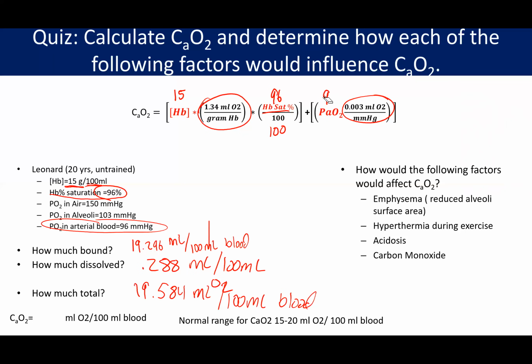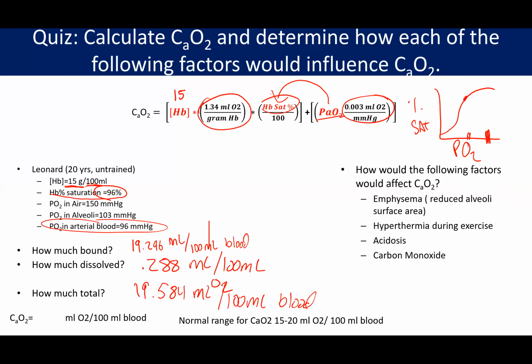So our PaO2 will go down, so we'll have less dissolved, but the PaO2 also influences hemoglobin saturation. So our percent saturation would go down, right? The PaO2 is what dictates this whole curve with percent saturation. So if we have emphysema, instead of being at a PO2 here, we'll be maybe down here and less saturated. So not only will we have less dissolved, we'll have lower saturation and our content will go down.